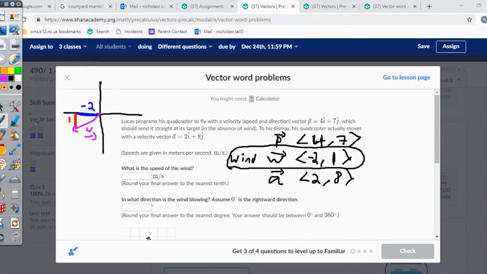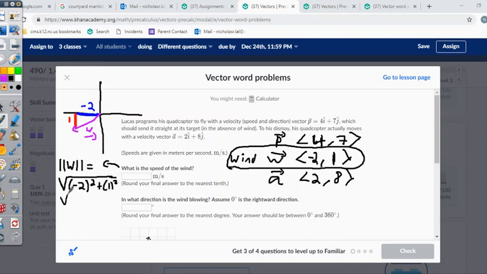the right triangle. So to find the speed of the wind, we know that speed, we can call that speed the magnitude of vector W, is going to be equal to the square root. This is the Pythagorean theorem right here, of -2 squared plus 1 squared.